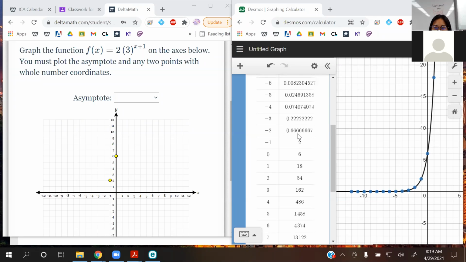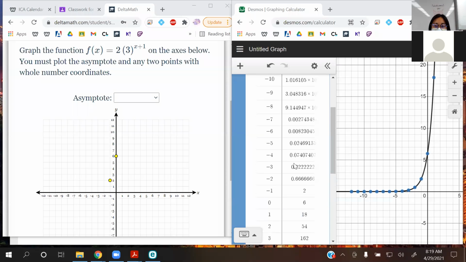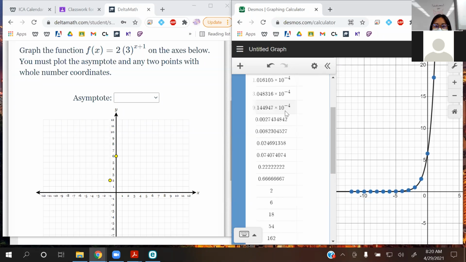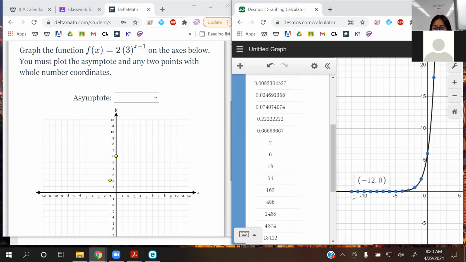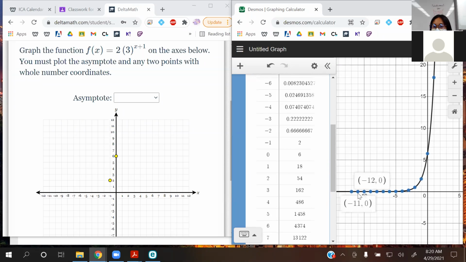You can also take a look at the numbers and what number they are approaching, like 0.6 repeating, 0.2 repeating, 0.07 repeating, then 0.02. These are getting smaller and smaller, and then even smaller and smaller, therefore getting close to 0. And remember, if you just click here, if you're zoomed out enough, the y value will just tell you straight up that it is 0.